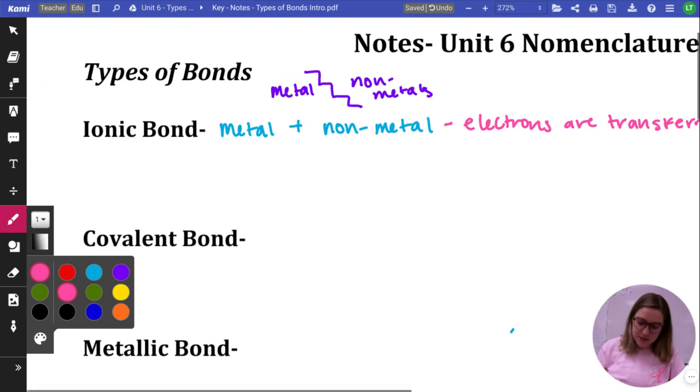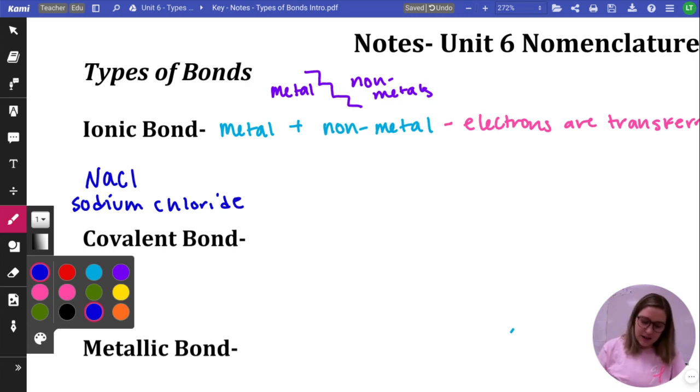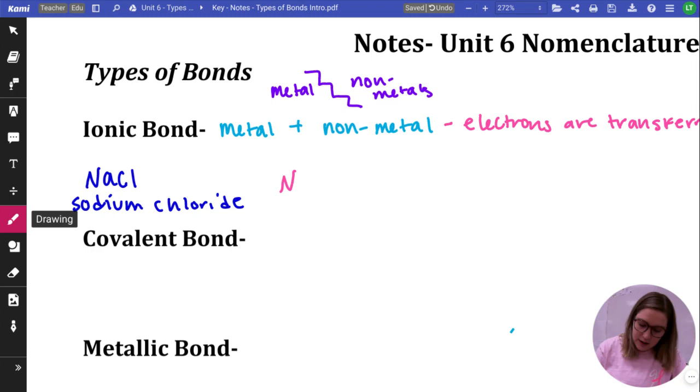So I'm going to show you guys what this looks like with an example, and we are going to use NaCl as our example. NaCl is also known as sodium chloride, which is table salt. In NaCl, I have sodium, and sodium is Na.